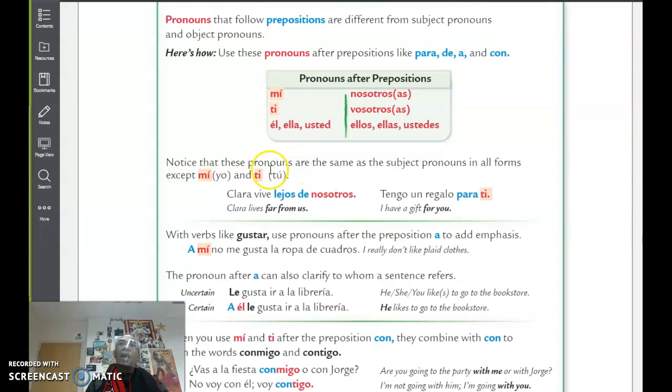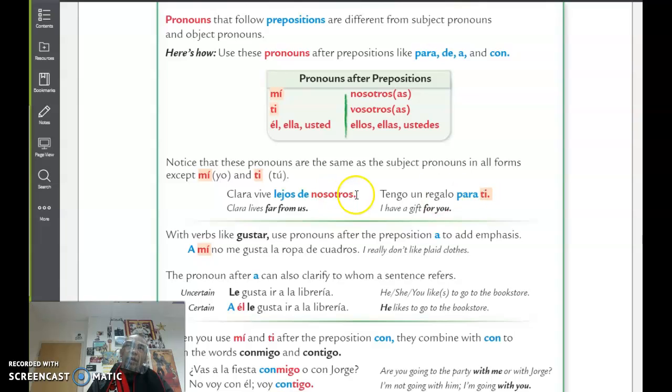So notice that these pronouns are the same as the subject pronouns in all forms, except mí and yo, as it says right here, and ti for tú. Here it says Clara lives far from us. Clara vive lejos de nosotros. Tengo un regalo para ti, for you.